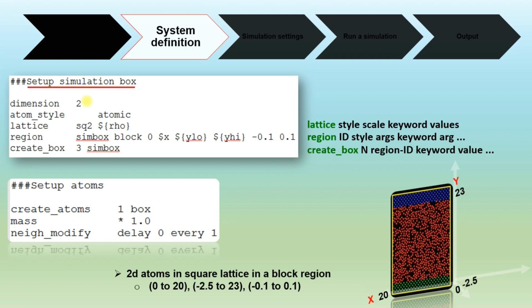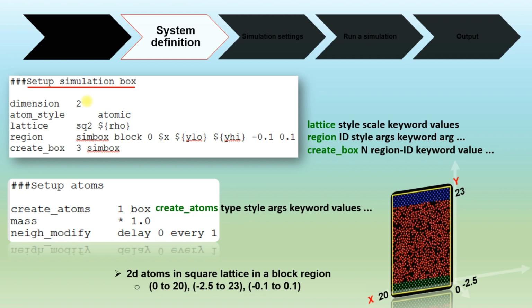Next, the category of commands that comes under the system definition section is the setup atom commands. First of them is the create atom command. Its syntax is as follows: create_atoms, type, style, arguments, keyword and their values.